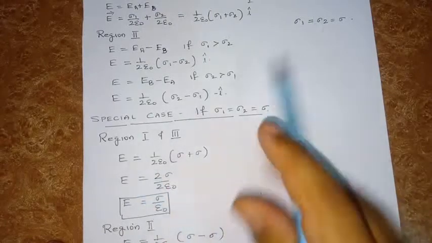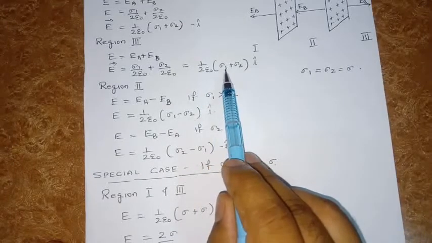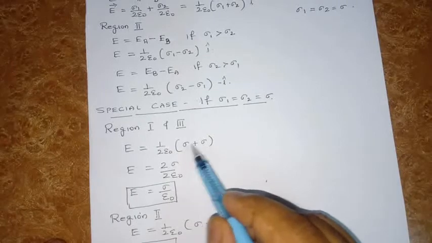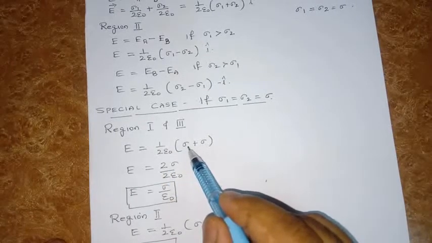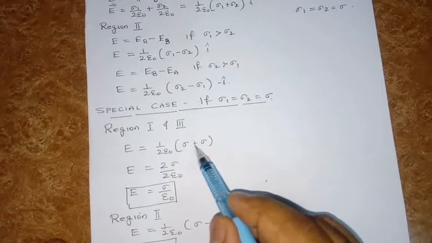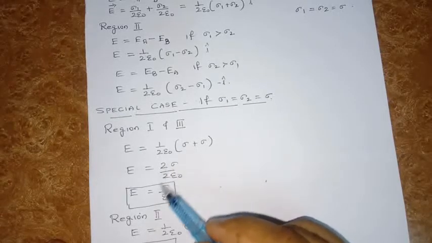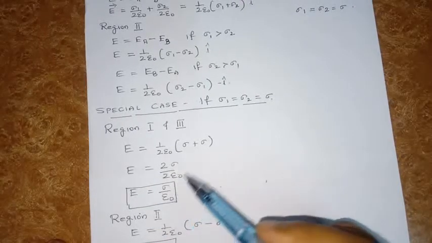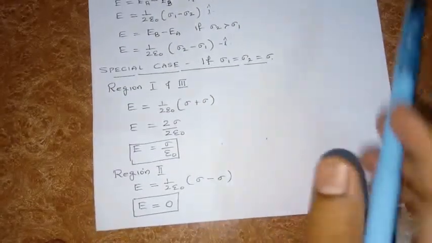We already studied regions 1 and 3. The net electric field is 1 by 2 epsilon 0 times sigma 1 plus sigma 2. Since sigma 1 is equal to sigma 2, I can write 1 by 2 epsilon 0 into sigma plus sigma. Sigma plus sigma will be 2 sigma divided by 2 epsilon 0. The 2 and 2 cancel. Electric field E is equal to sigma by epsilon 0. And if the charge densities are the same, in region 2, where is region 2?